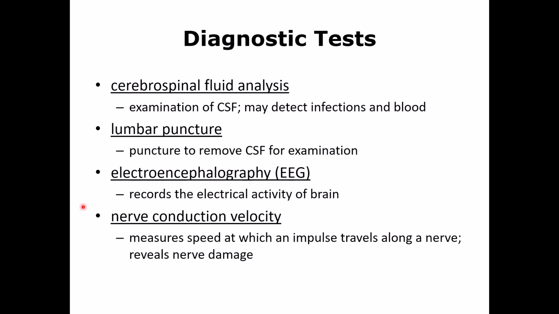Nerve conduction is done for somebody who has muscle weakness. Electrodes are placed in different parts of the nerve pathway, and then electrical signals are sent, and if the muscle can contract, that way they will know if the nerve is damaged or not. So this is for muscle weakness and nerve damage.